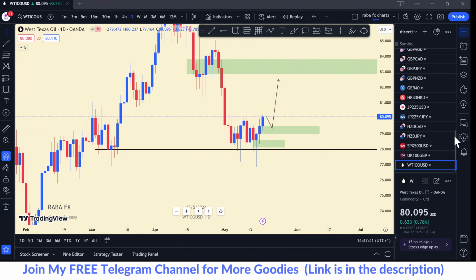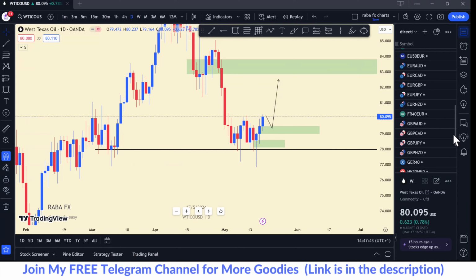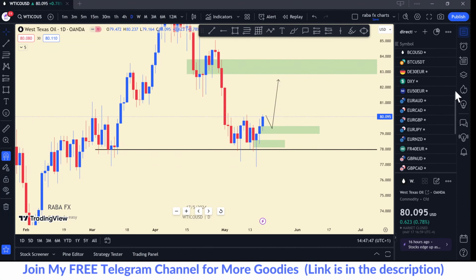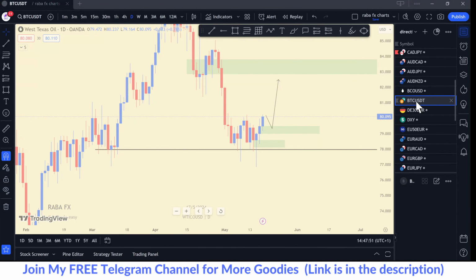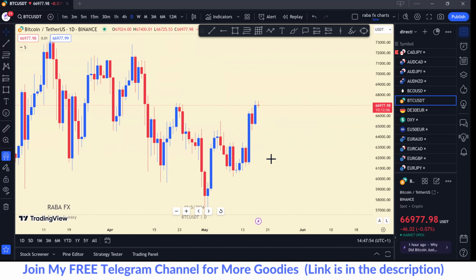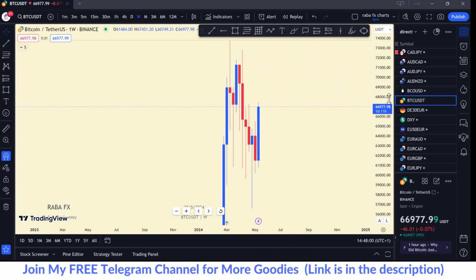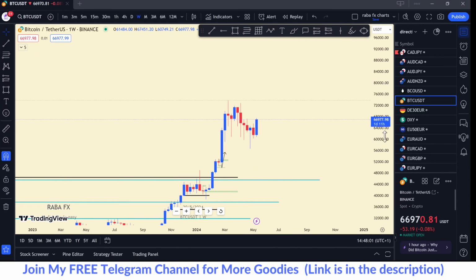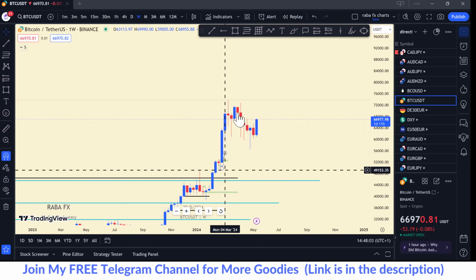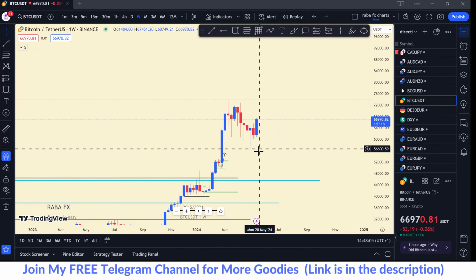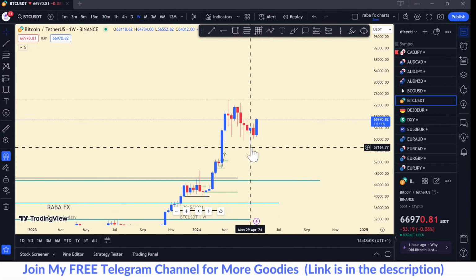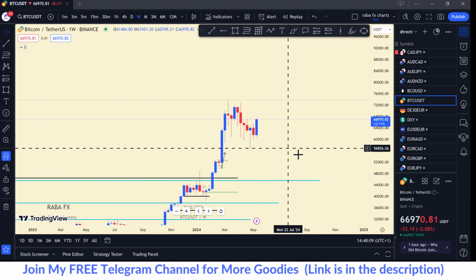Okay, so then we look at Bitcoin. I think I saw Bitcoin earlier. Good, we have Bitcoin here. Wow, there was a retracement on Bitcoin up to this level before pushing up.